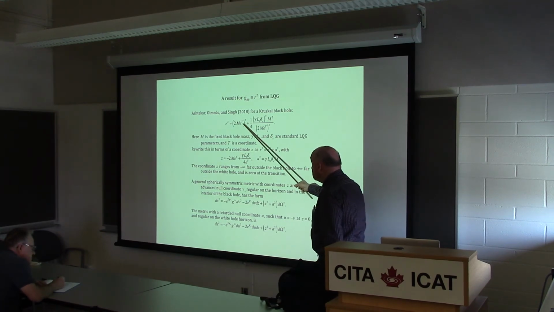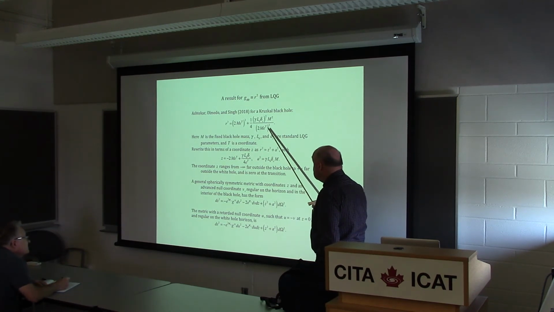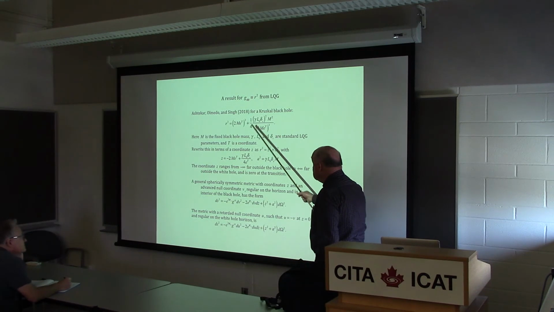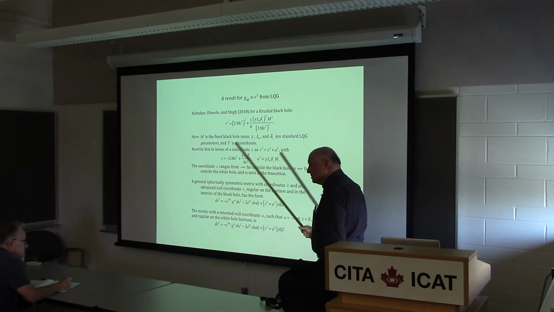So this t here is a time coordinate, where t goes from plus infinity on the black hole side to negative values, to minus infinity, on the white hole side. And it has this funny looking structure. Now gamma, L naught, and delta C are standard loop quantum gravity parameters.